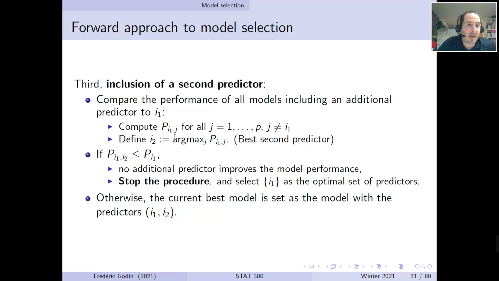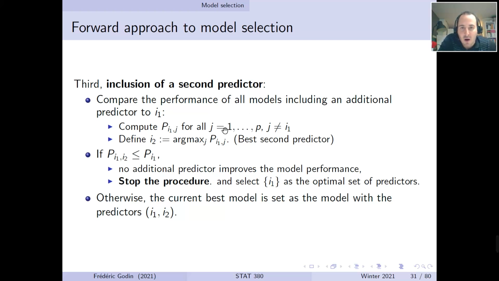So we're going to take all possible predictors J and combine each with the first predictor I1 we identified in the first step, and compute the performance of all models which include both I1, the previous step's optimal predictor, and J, the new predictor that we attempt including, where J is any value between 1 and P except I1, because you cannot include the same predictor twice, of course.